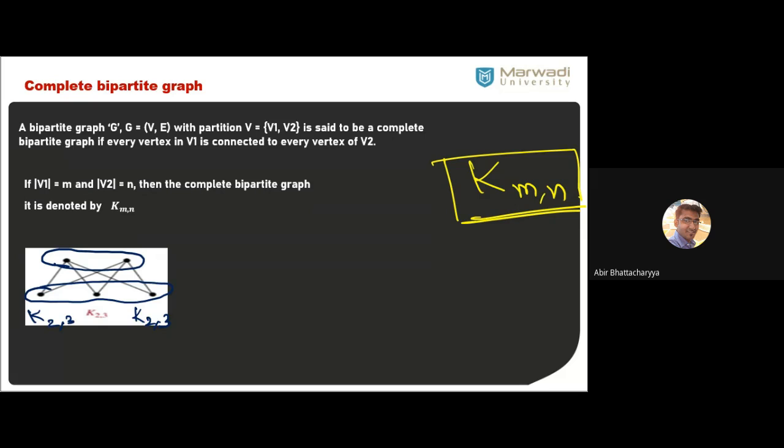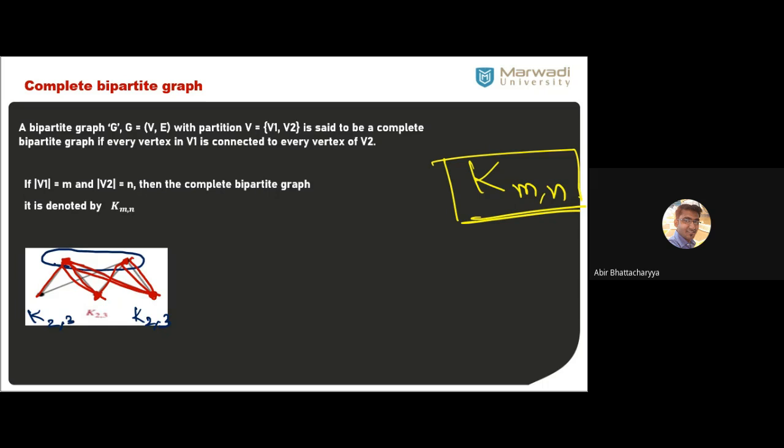If you observe clearly, if I take this vertex, it is connected with this one, with this one, with this one, all the vertices of the next partition. Similarly, this vertex is also connected with this one, this one, and this one. Similarly, the vertices of the second partition are each connected with only these 2 other vertices. But they will not be interconnected within the same partition.